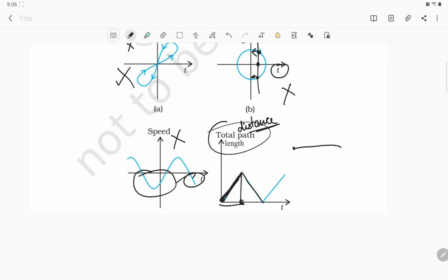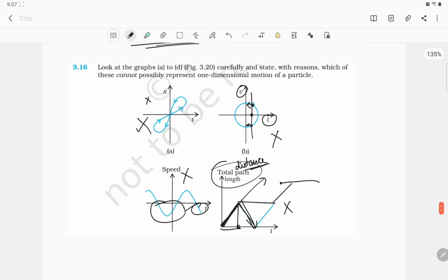Either it can maintain the same length or it can go further up, but it cannot reduce. The displacement can change, but once the particle leaves the reference point, the distance is always greater than 0 and increasing. It cannot decrease. So the four graphs are not possible and do not represent one-dimensional motion of the particle.